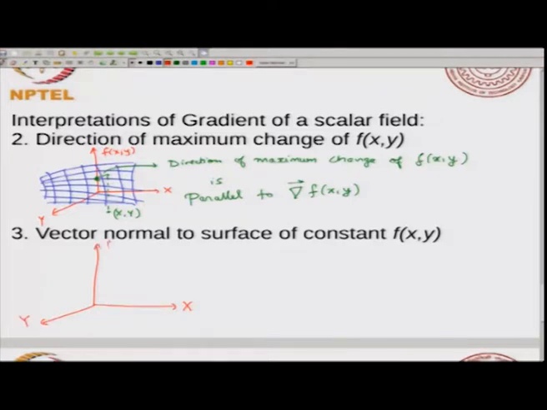So again you look at this plot. Now, suppose f of x y equal to constant. So, suppose you put f of x y equal to constant. Now, this will give you some relation between x and y.